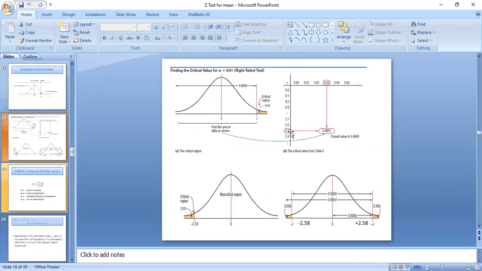By adding the values in the rows and columns, we get our critical value that divides the distribution curve. If our null hypothesis falls on either tail of the distribution curve beyond the Z lines, it will be rejected. And if it falls between the Z lines, it will not be rejected.